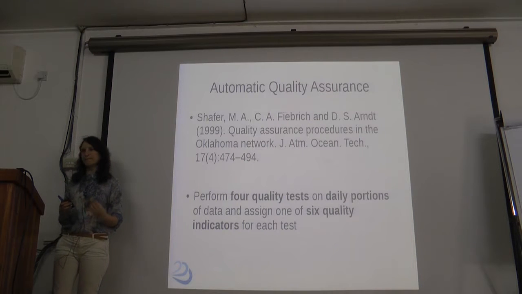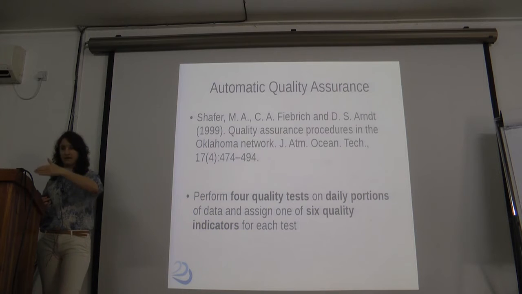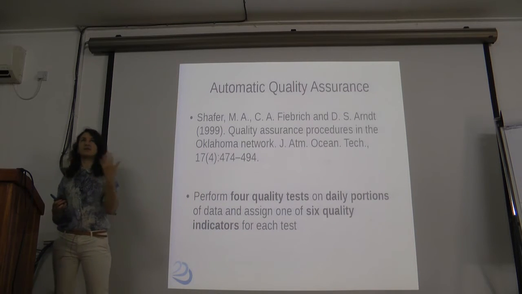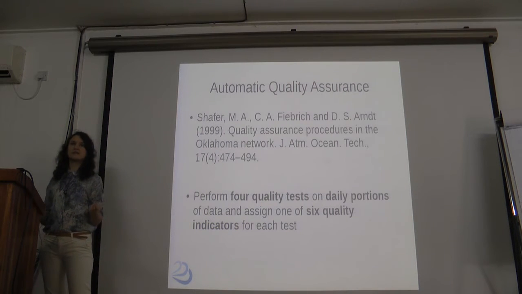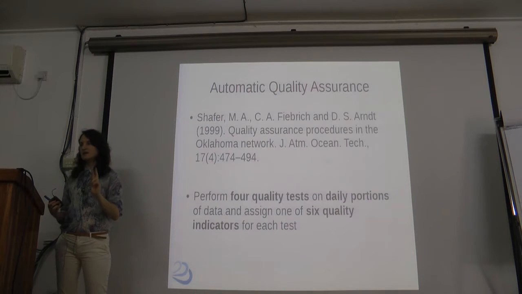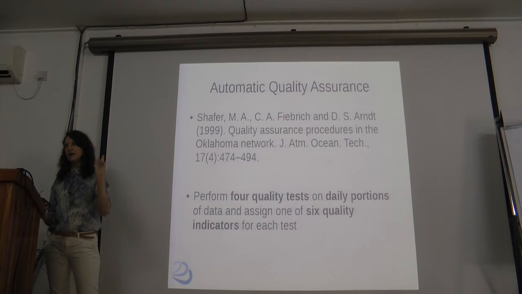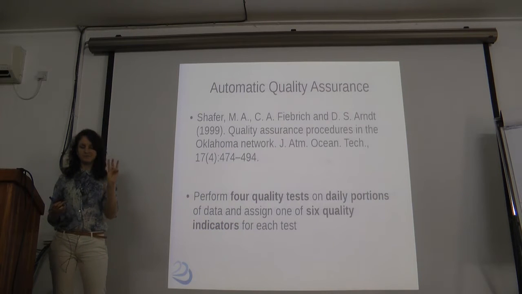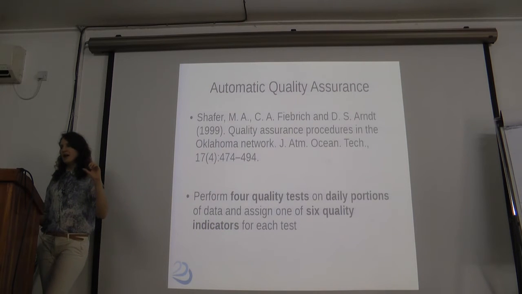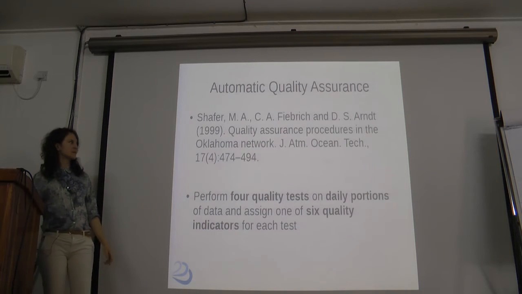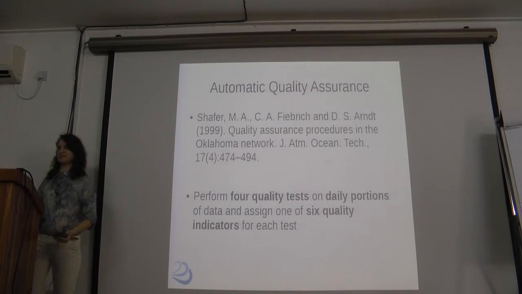That means that if we have a time series of several variables, such as wind speed, wind direction, temperature, humidity, for a set of stations, then for each station, each variable, and each timestamp, so for a single measurement value, you will have 4 tests, and you can have one of the 6 results for each of these 4 tests.